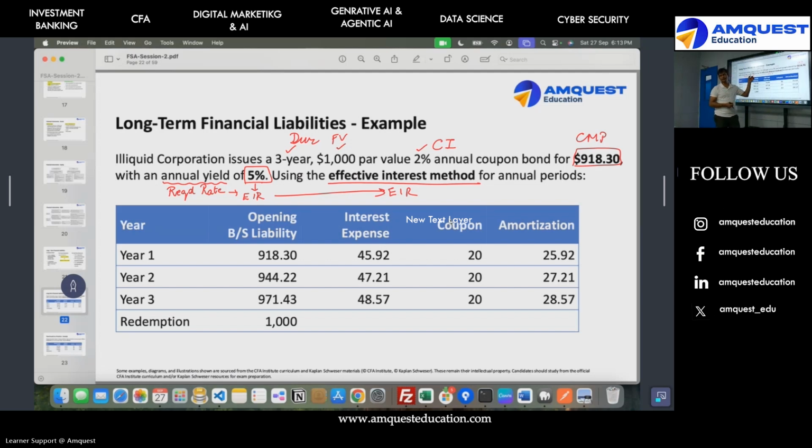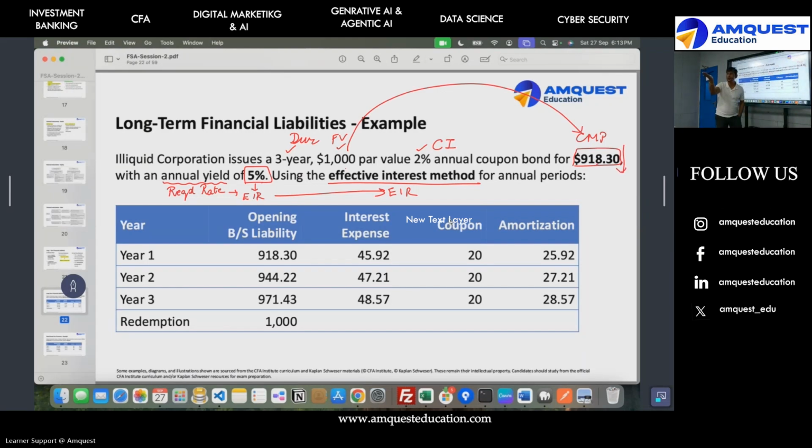Market rate is 5%. The bond is paying you 2%. This bond is a useless bond because it is paying you less than the market. If this bond needs to be sold in the market, it can sell only if the market price is discounted. The bond value is 1,000, market price 900.